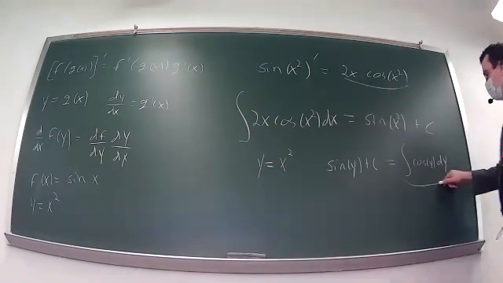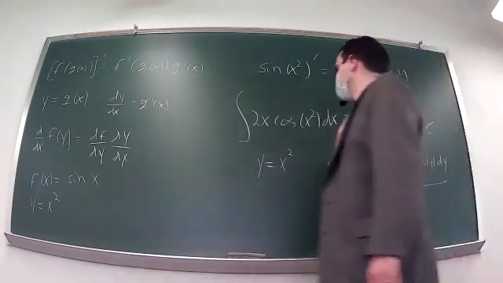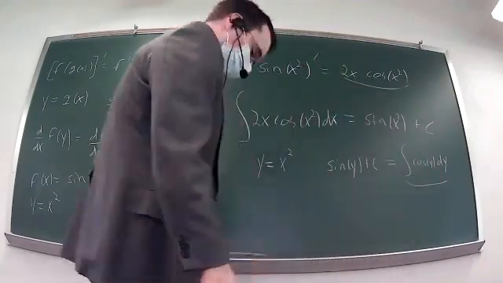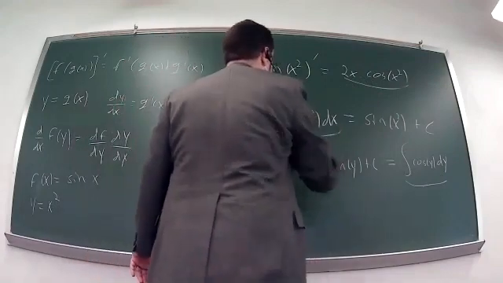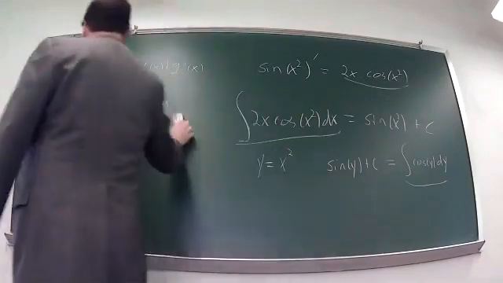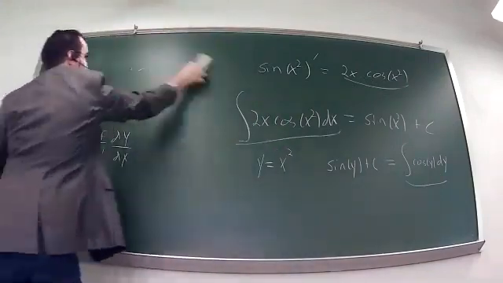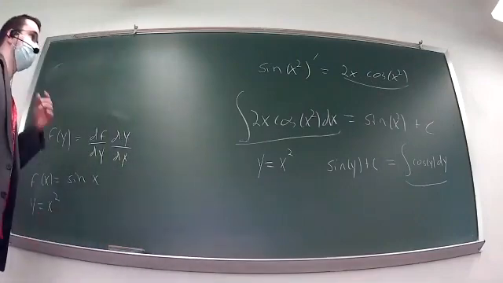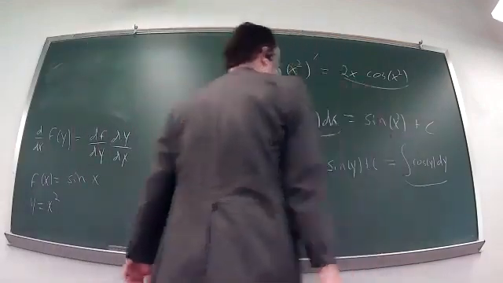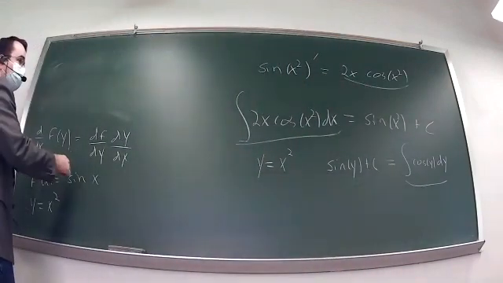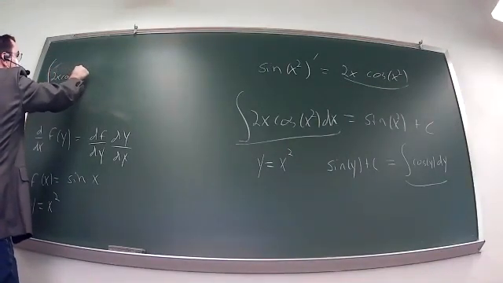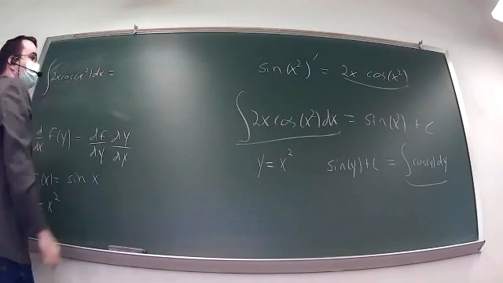You've got sine of y plus a constant. It's the antiderivative of cosine y dy. It's also the antiderivative of 2x times cosine of x squared dx. So those two antiderivatives are equal. I mean, they could differ by a constant, but that's always true of any two antiderivatives.